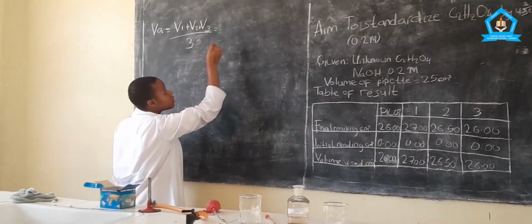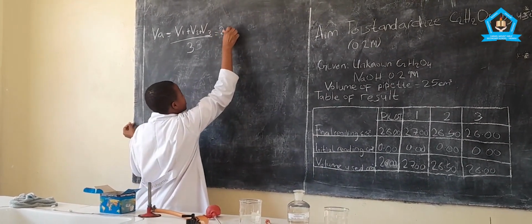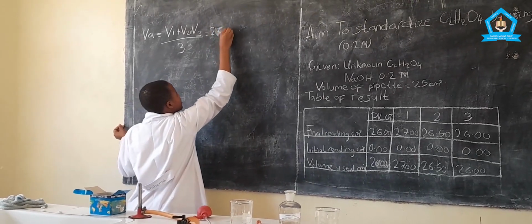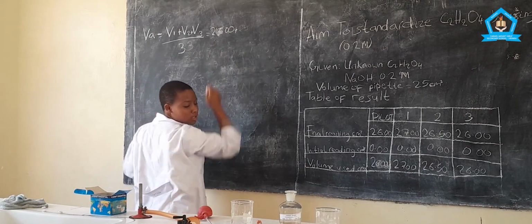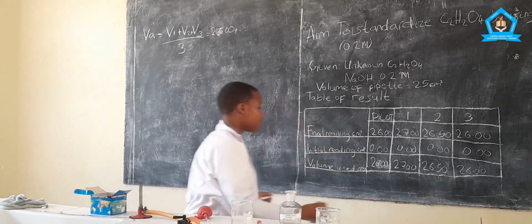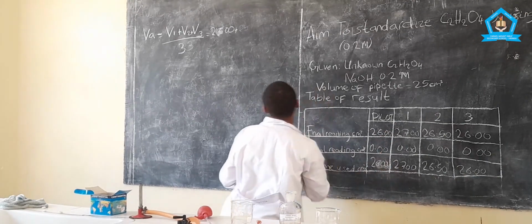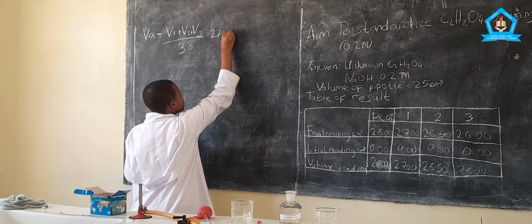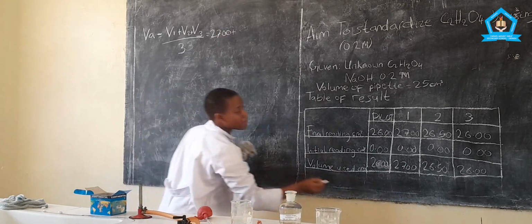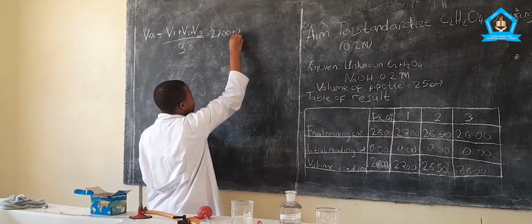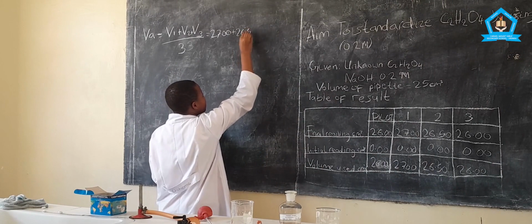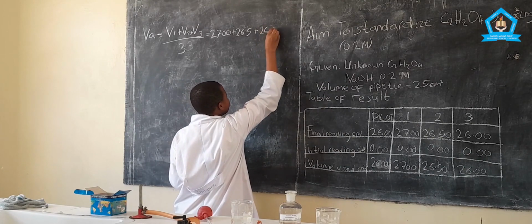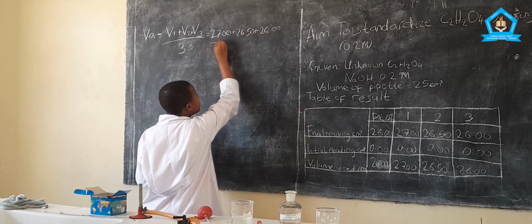The first volume is 26.00 plus 27, plus the second is 26.5, and the third is 26, divided by 3.